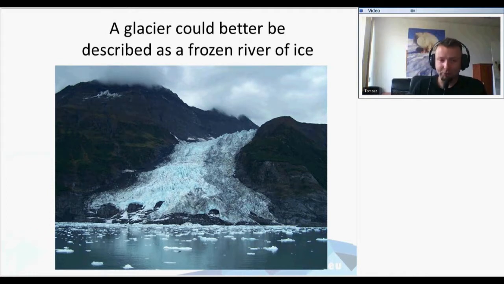Glaciers have solid form, and solid form shouldn't flow, shouldn't go as river, but actually glaciers behave as rivers, but they just move slowly. It can be up to hundreds of meters per year or dozens of meters per year, but in case of bigger glaciers, it can be even dozens of meters per day.